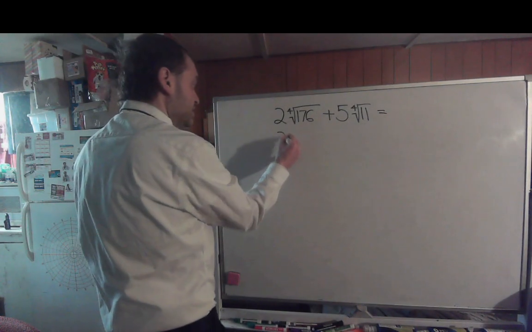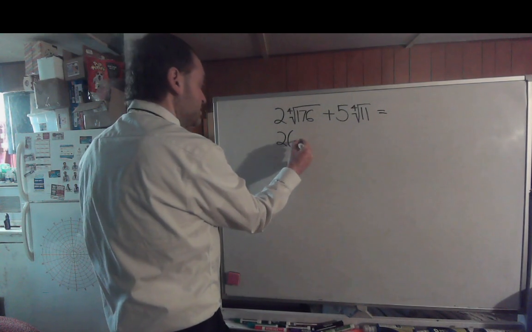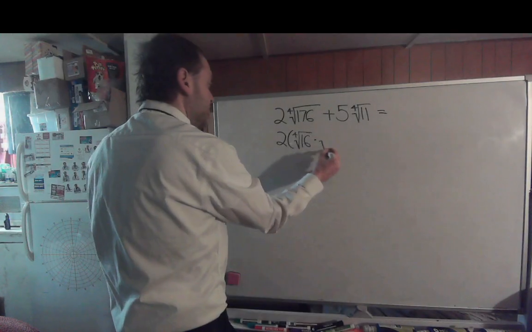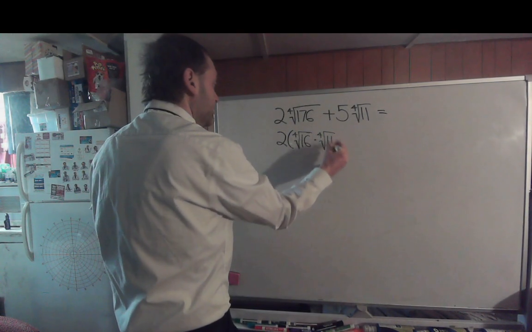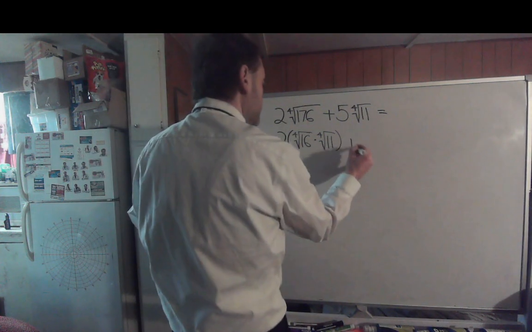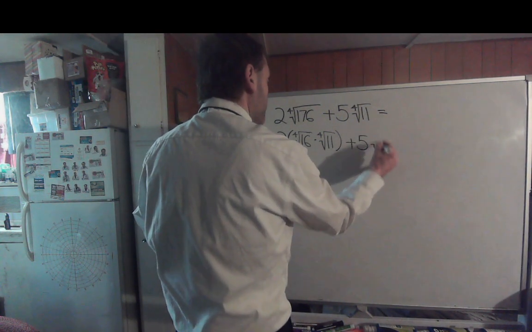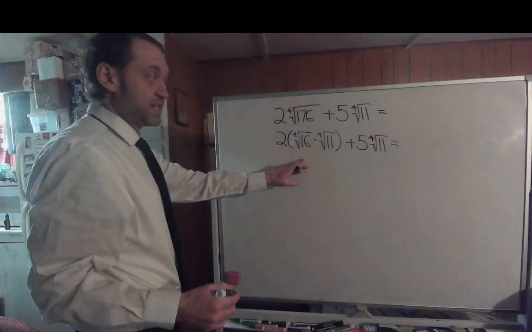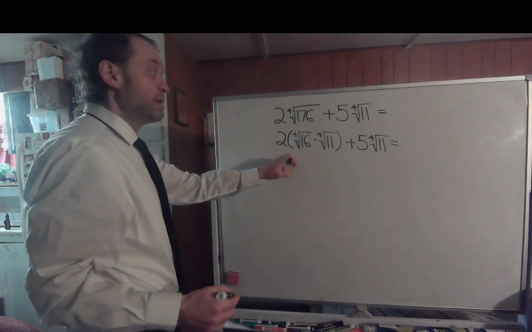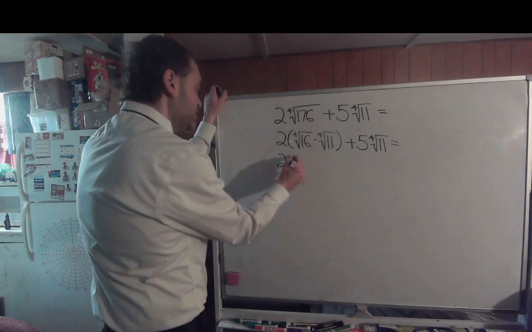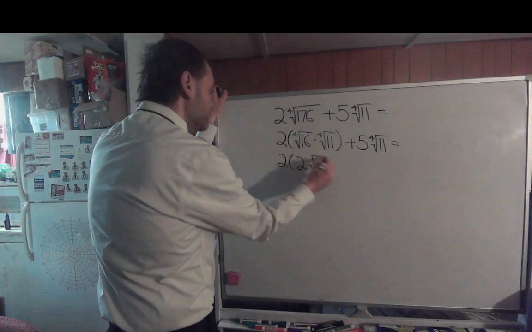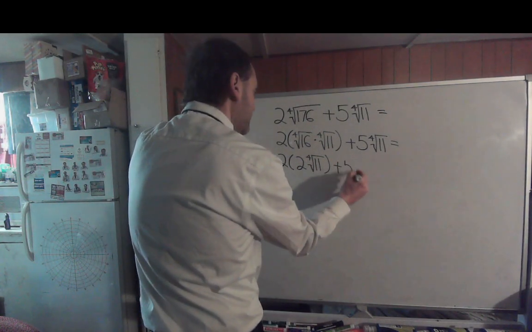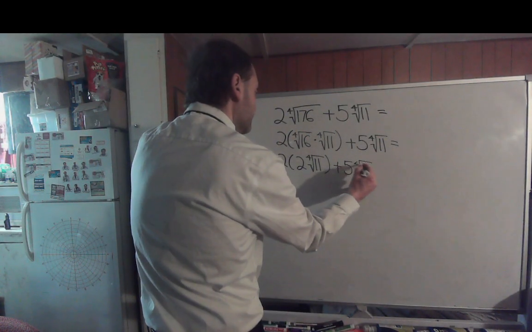So this would turn into 2 times the 4th root of 16 times the 4th root of 11 plus 5 times the 4th root of 11. Well, what is the 4th root of 16? It's a perfect fourth, right? That would just be 2. So you'd have 2 times 2 times the 4th root of 11 plus 5 times the 4th root of 11.